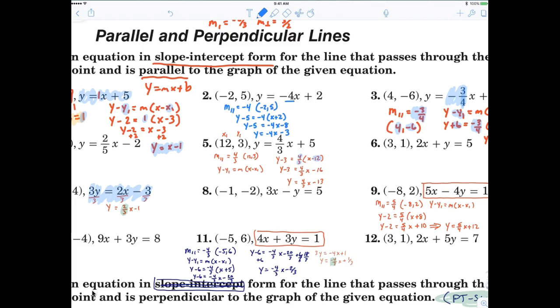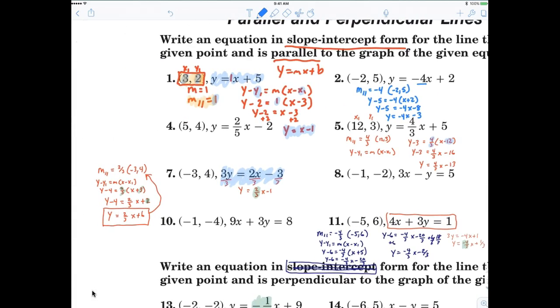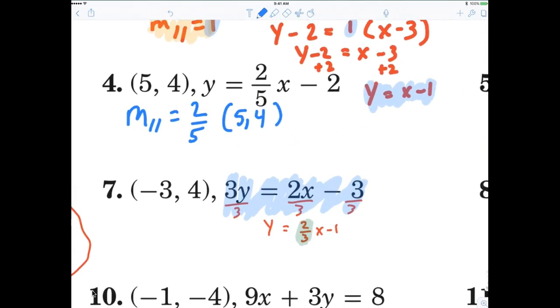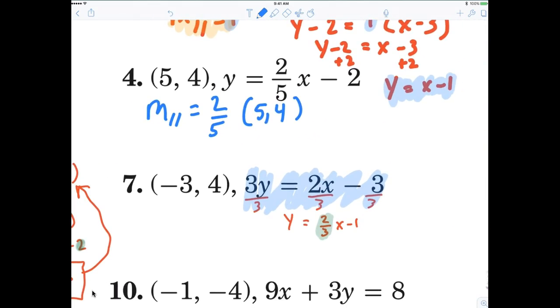Question number 4: the slope of the parallel line would have to be 2/5, and it passes through the point 5, 4. So now we're going to do the point slope form. It'd be y minus 4 equals 2/5 times x minus 5.